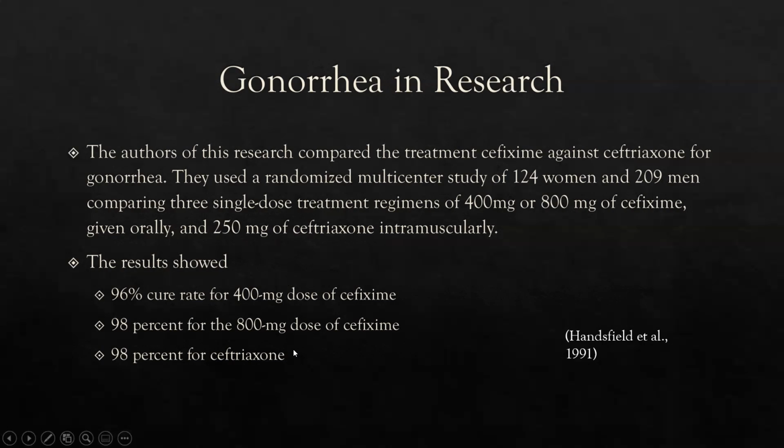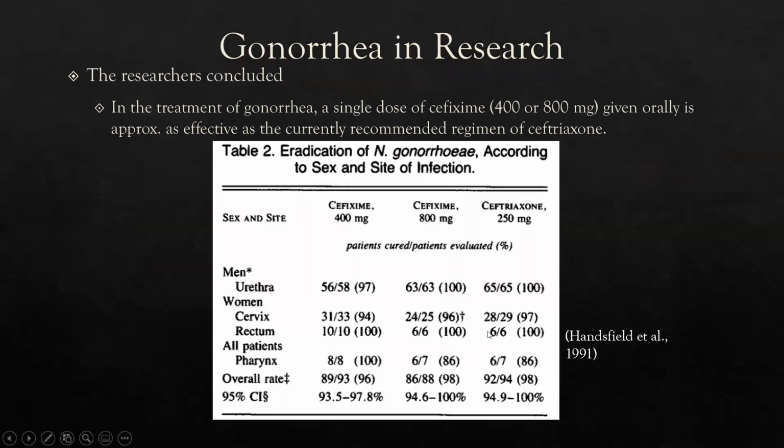As we can see in our table, researchers concluded that in the treatment of uncomplicated gonorrhea, a single dose of cefixime, whether it be 400 or 800, given orally, appears to be just as effective as the currently recommended regimen of ceftriaxone at 250 milligrams intramuscularly.